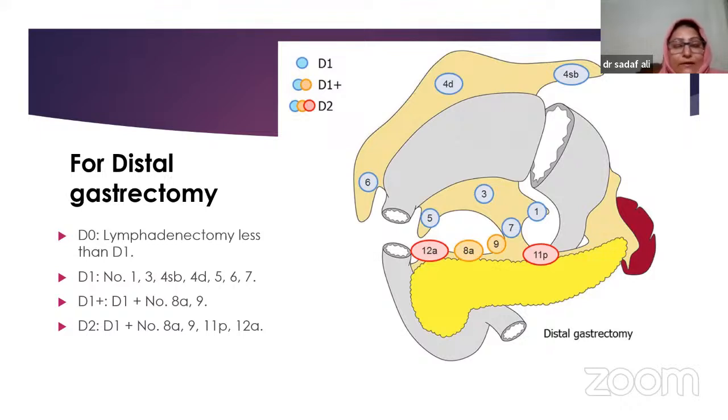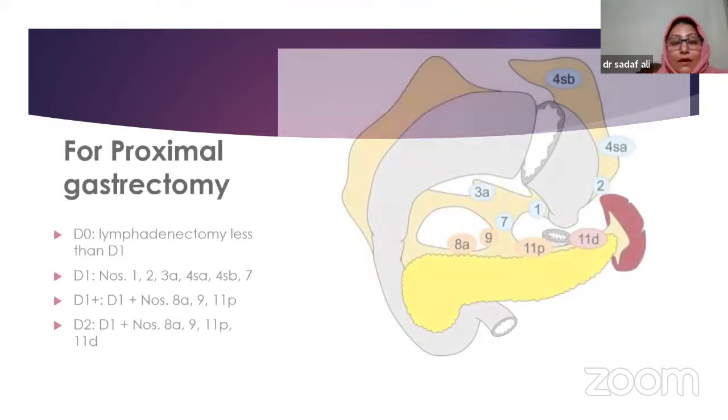So D1 in distal gastrectomy includes station 1, 3, 4SB, 4D, 5, 6, and 7. So the station 2 and the short gastric area may be spared, and D1 plus would add 8A and 9, and the standard D2 would also have 11P and 12A included.